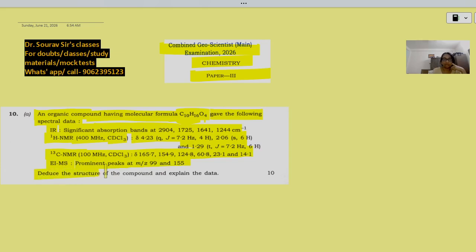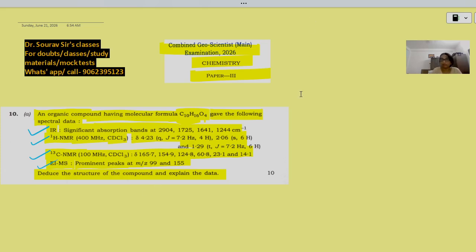To deduce the structure of the compound and explain the data, we can work out the organic compound on the basis of four types of spectroscopy: IR, proton NMR, carbon NMR, and EIMS. All the data are given, so how do we find the compound?